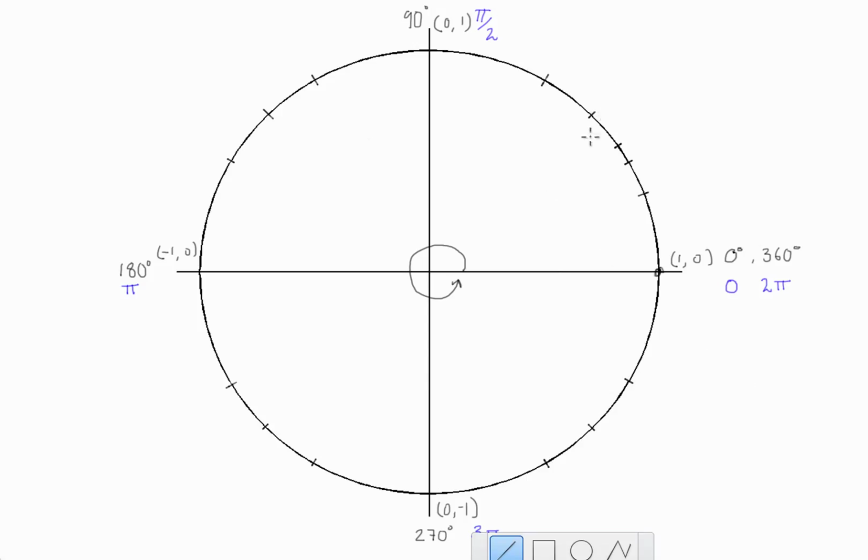Let's start with our main angle measures. So the first one I'm going to do is 30 degrees. So 30 degrees is from here to there. Let's just write it in for ourselves now. So 30 degrees is here. Like we did with pi being half of 2 pi, we know that 30 degrees is a third of 90 degrees.